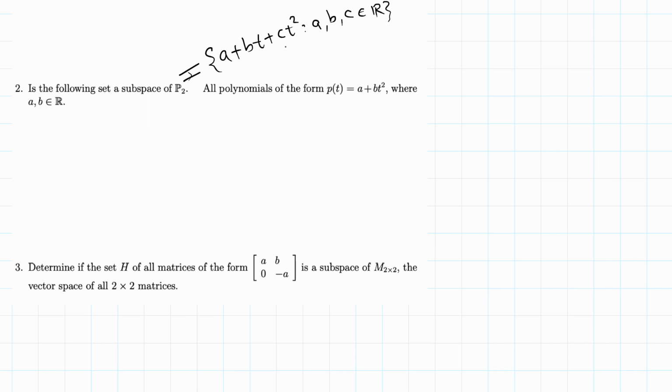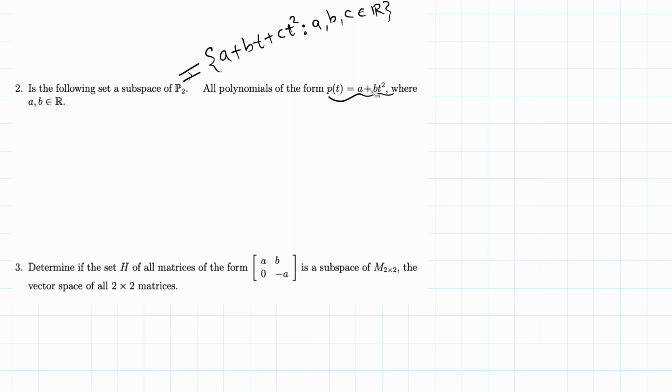Okay, real numbers, not integers. Now we want to see if polynomials of this form, a plus bt square, also form a subspace.